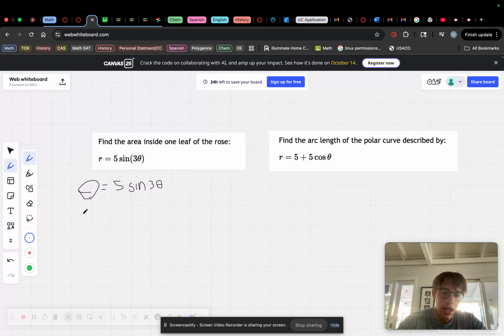So now we could take the inverse sine of 0 equals 3 theta.